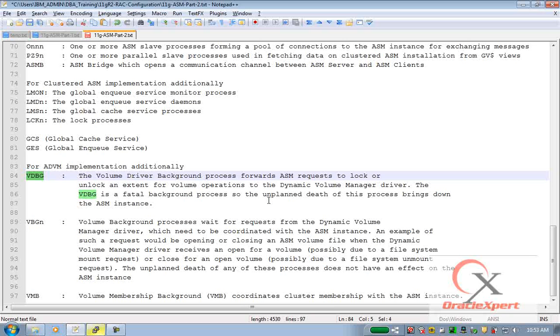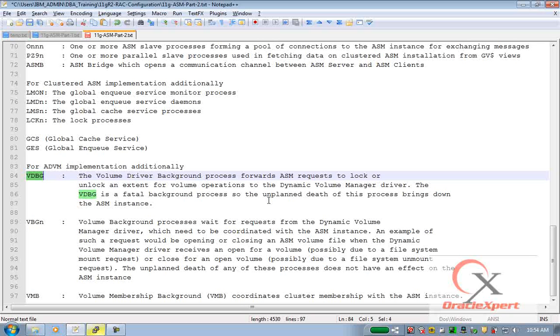An example of such a request would be opening or closing an ASM volume file when the dynamic volume manager driver receives an open for a volume, possibly due to a file system mounting request, or a close for a volume because of an unmounting request. Then it needs to be coordinated with the ASM instance. The process VBGx comes in picture then. The unplanned death of these processes does not have any effect on the ASM instance because they can be spawned at any point in time.